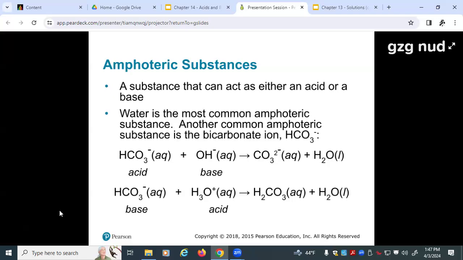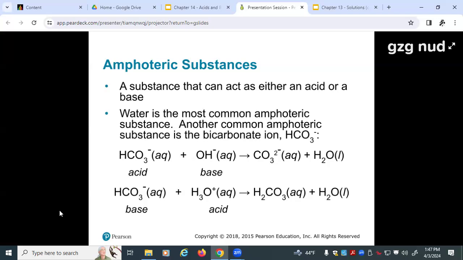Water is the most common example of this, because of its unique position on the pH scale being right in the middle, and because it not only can give away hydrogens, but also take them in, it puts it in the position of acting as acid in some situations and base in others. But it's not the only one that does this.